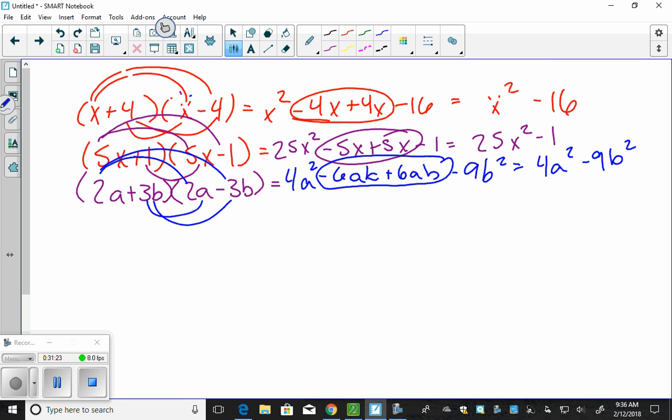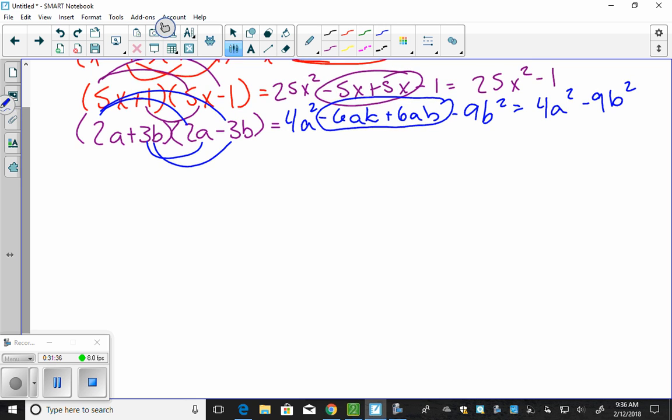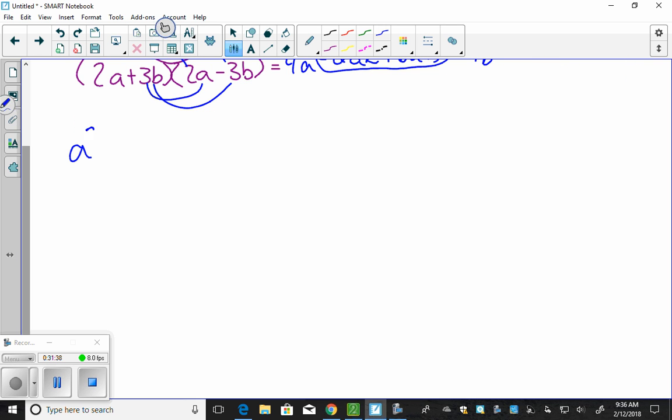There's a rule for this. To factor a difference of squares, use the following rule. Now we're fixing to learn how to go from this to the factors. If they give us a squared minus b squared, meaning a squared is a perfect square and b squared is a perfect square. Difference means subtract, so it must be subtraction all the time. You get two sets of parentheses with opposite signs in the middle.